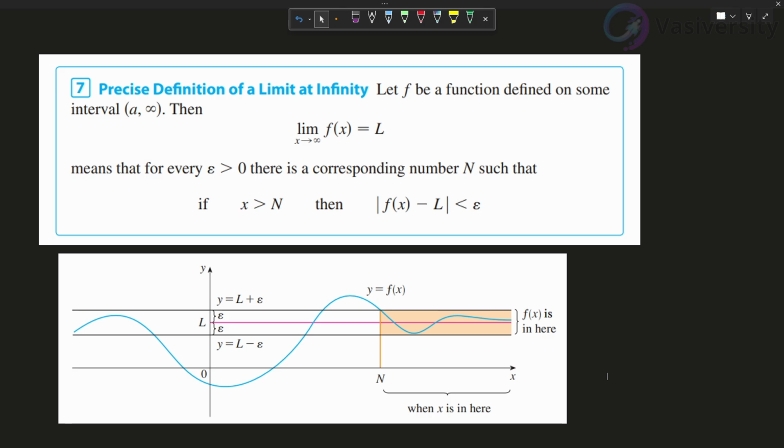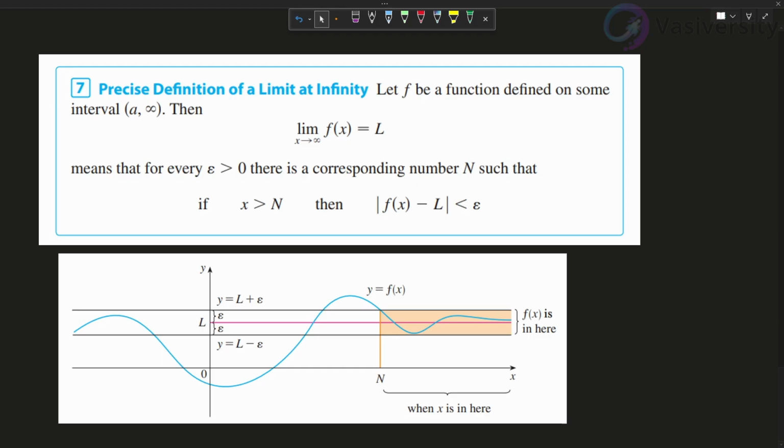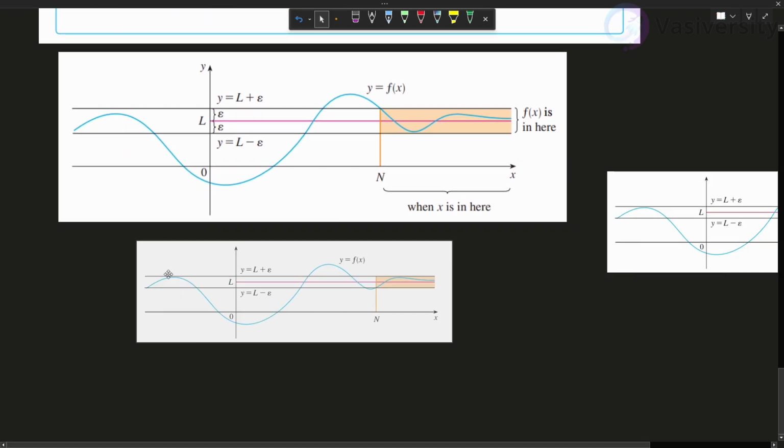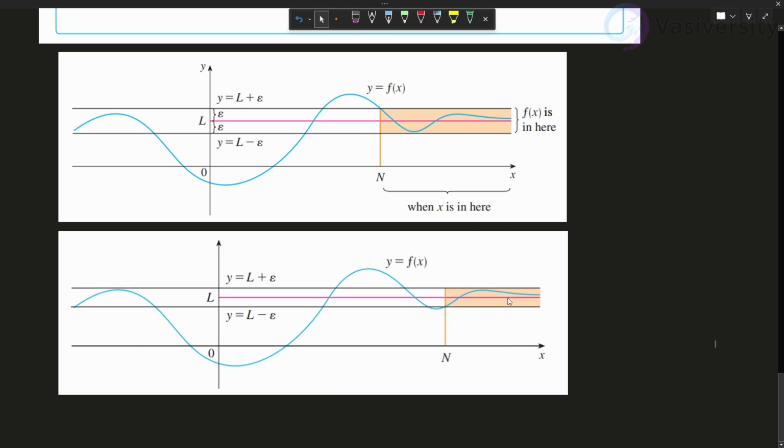As we choose a smaller epsilon, we get a smaller interval, a smaller range, so we become closer and closer to the asymptote. So we decreased it in size, and eventually we'll be able to reach it.